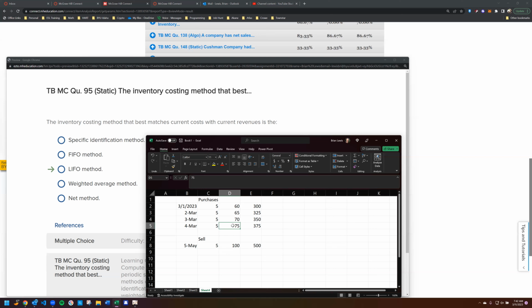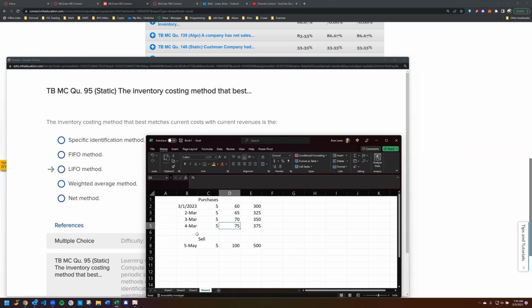The reason I say most likely is because let's say the current cost is $80 on May 5th, but we haven't purchased anything, right? Since we didn't purchase it, it may be the current market value, but it's not the current cost. It's not the current value that you have in inventory. That's why I indicated that it's most likely. But in terms of inventory cost, it is the current cost.